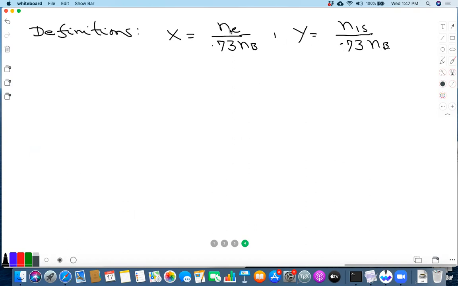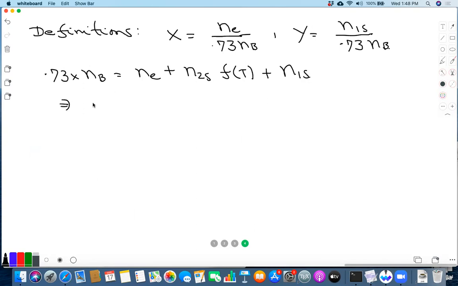And then N2s, so Ne and N1s can be written in terms of x and y, and N2s is not independent because we have seen that this 0.73 times NB is NE plus N2S times F of T plus N1S.